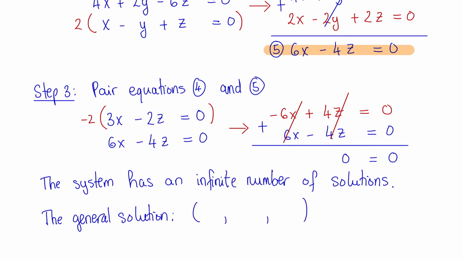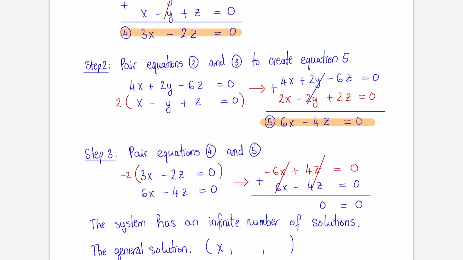My general solution is in the format of the ordered triple, where you have x, y, and z. Your first coordinate is x, and you want to turn y and z into expressions in terms of x. So in order to do that, I would use either equation 4 or 5 and solve for z. So I'm going to use equation 4.